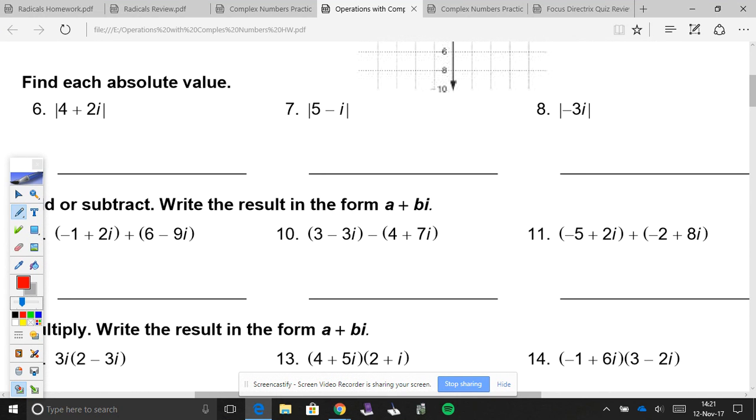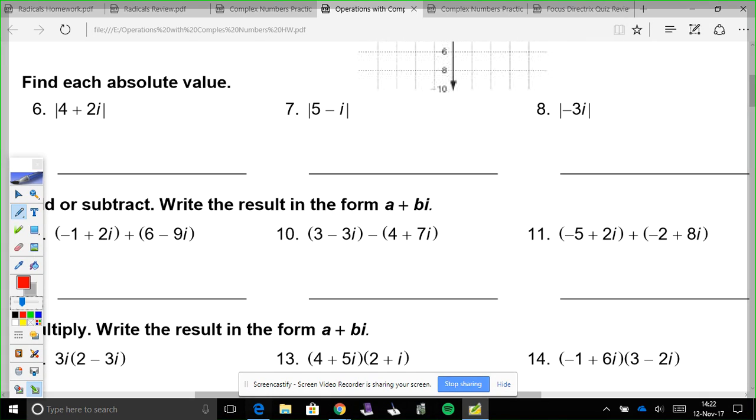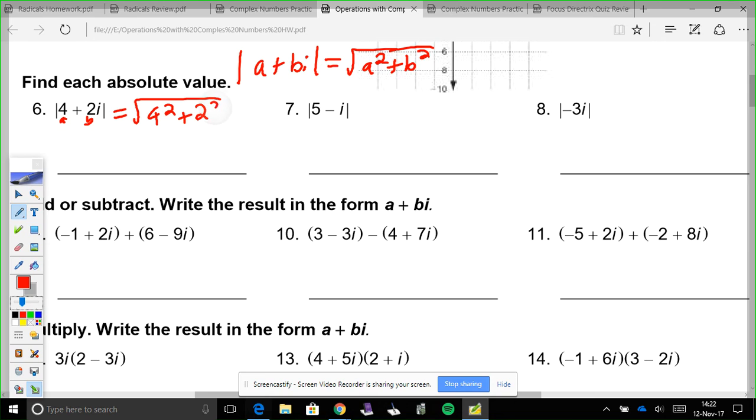There's just a formula that you need to know. Your formula is that the absolute value of a plus bi is equal to the square root of a squared plus b squared. So here I've got 4 plus 2i. So this is equal to the square root of 4 squared plus 2 squared.